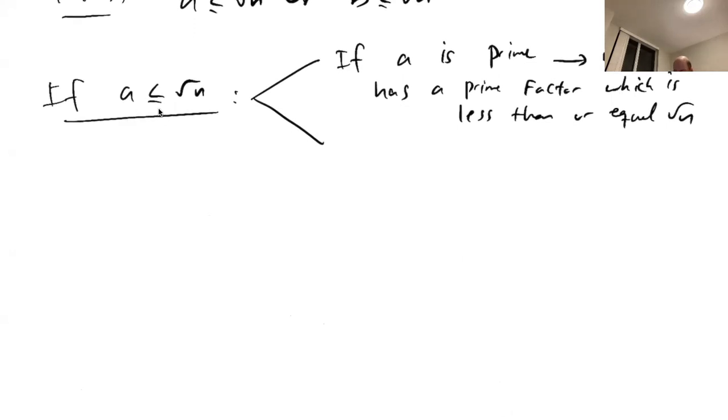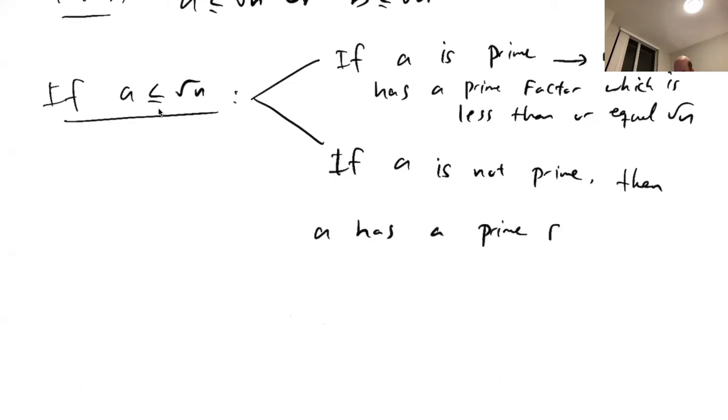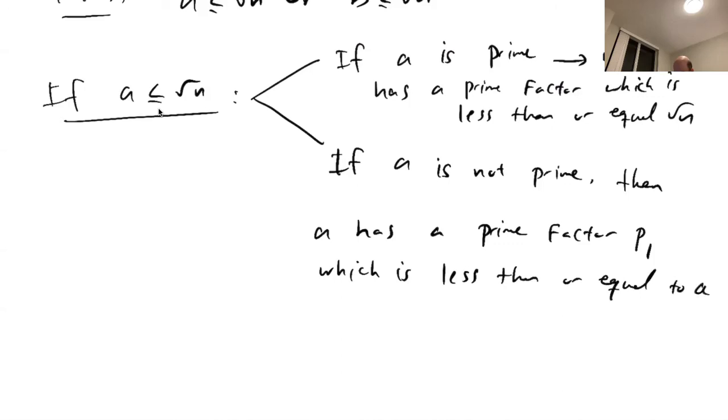And if A is not prime, then A has a prime factor, let's say P1, which is less than or equal to A, by the fundamental theorem of arithmetic.